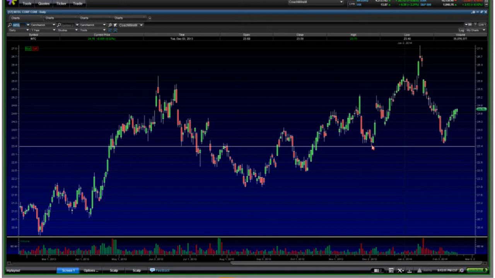How could we look to plan how long of a trade we wanted to make?